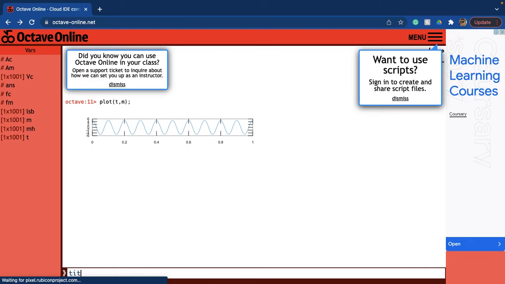Title, modulating signal. We can have grid on, and the xlabel I just give to one of the graphs.